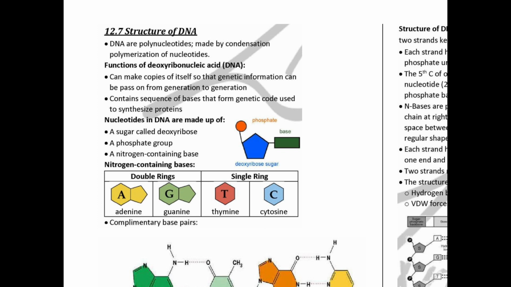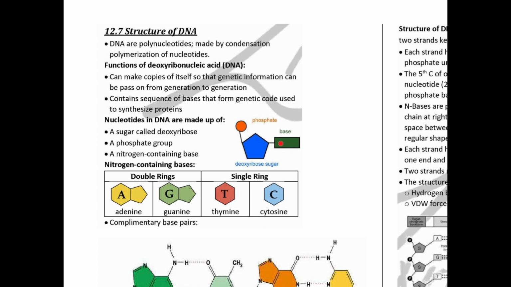So the monomer itself has three components, as you can see in the diagram at the side here. So the first component is the round shape, then the pentagon shape, and then the rectangle. So these are the three components that make the nucleotides, and nucleotides is the monomer used to form the polynucleotides, which is DNA.